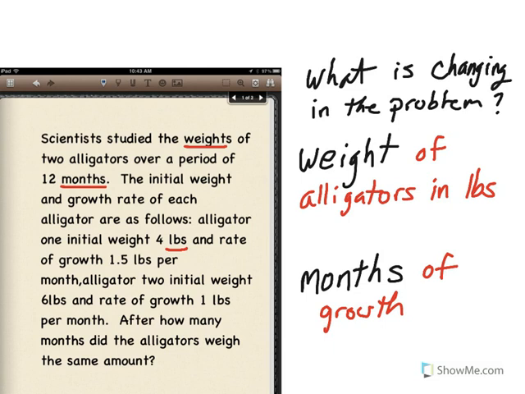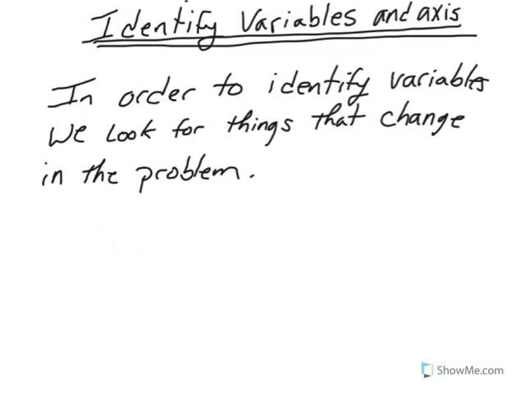Please pause the video and copy all of this information down into your notes. So in order to identify variables, we are looking for things that change in the problem. Make sure you have this in your notes. Pause the video if necessary.